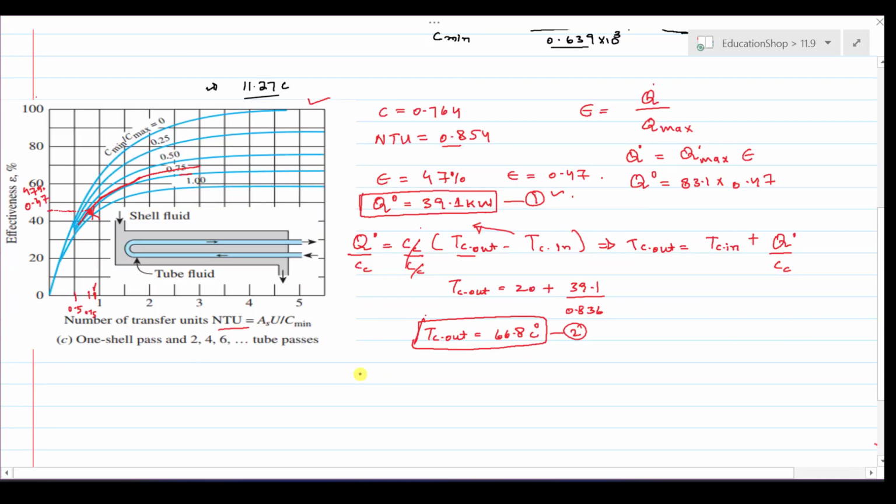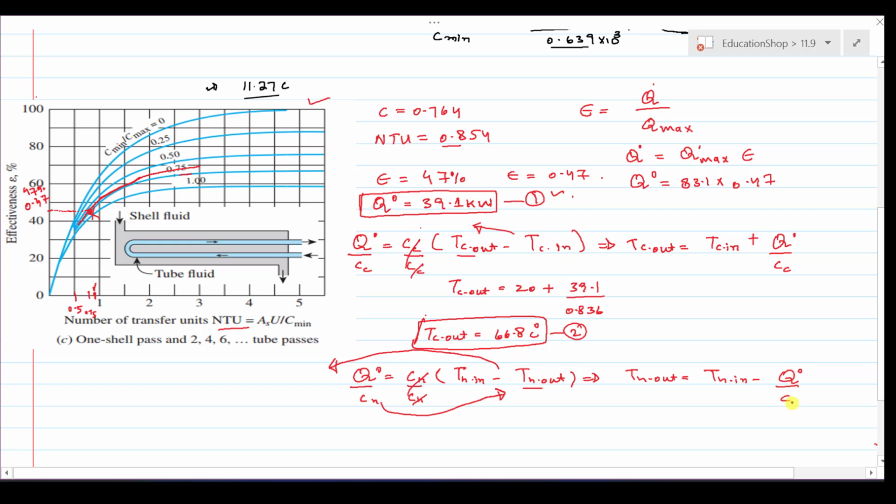We also know that the heat transfer rate is equal to the capacity rate of the hot fluid times the temperature of the hot fluid in minus the temperature of the hot fluid out. Now we are interested in this term. Divide both sides by Ch. This will cancel out with this, and shift this term to that side and this term to this side. After rearranging the equations, we can say that T hot out is equal to T hot in minus Q dot divided by the capacity rate of the hot fluid.